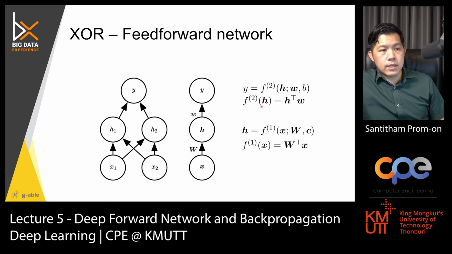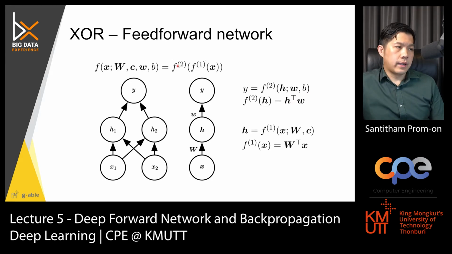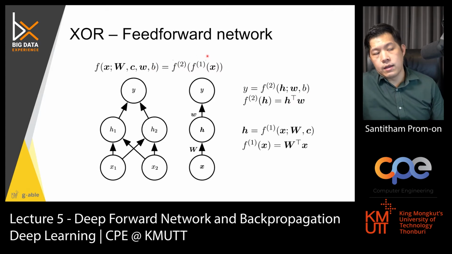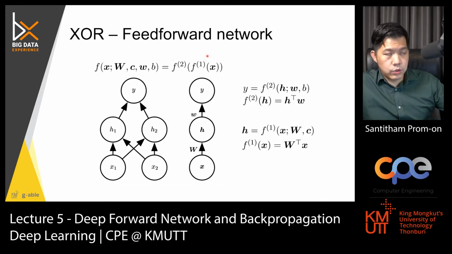The computation is h transpose and w, and then you get the final result out, as the output from the two layers feeding from the input layer to the output layer.